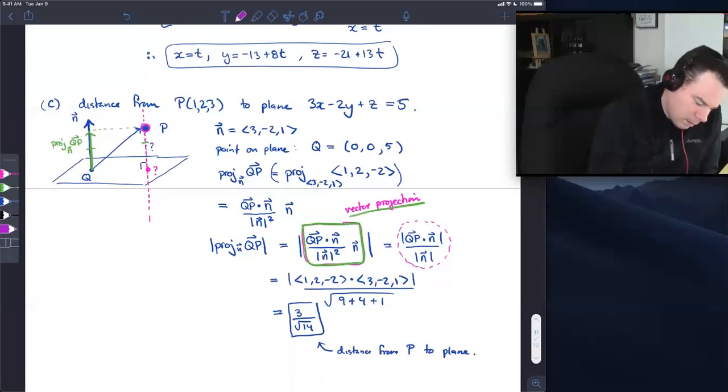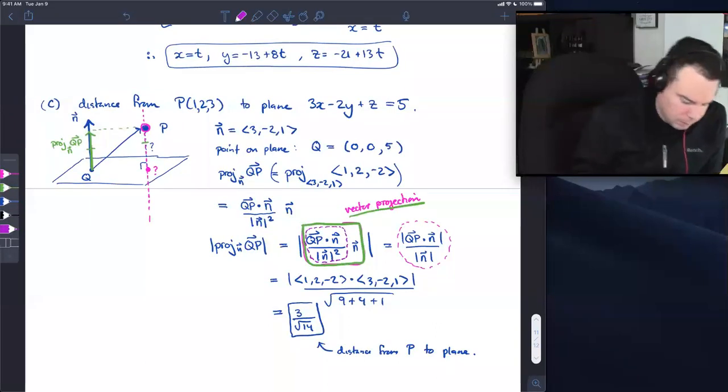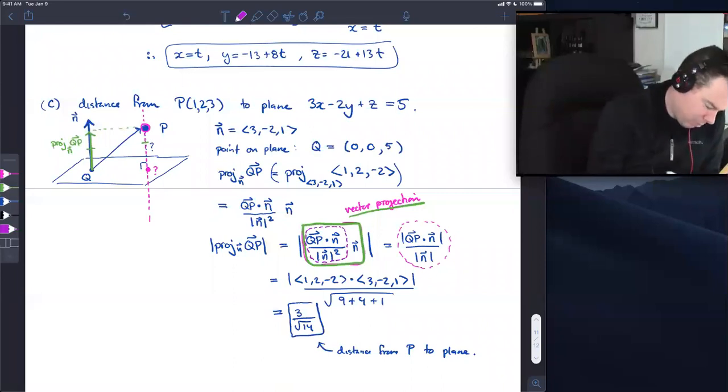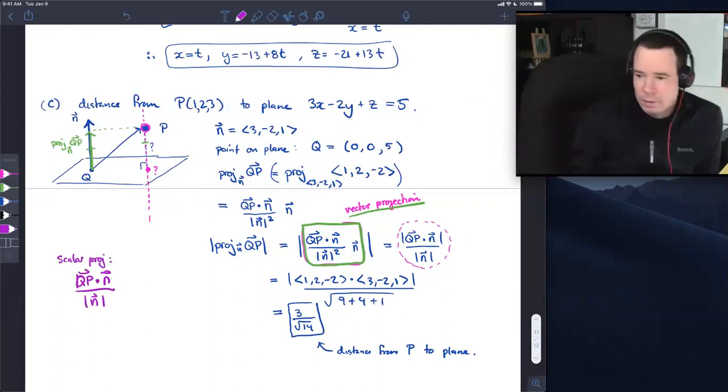And the piece right here, oh, sorry, not that one, because I got to worry about the square. So I will dot these out. Okay. So what is the scalar projection? The scalar projection is QP dot n over just the magnitude of n.